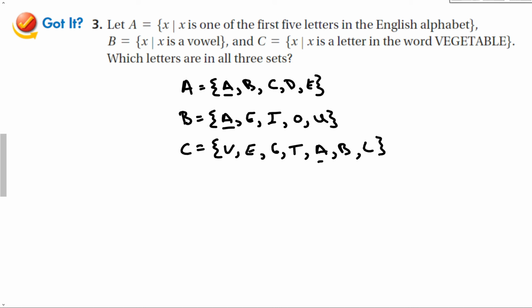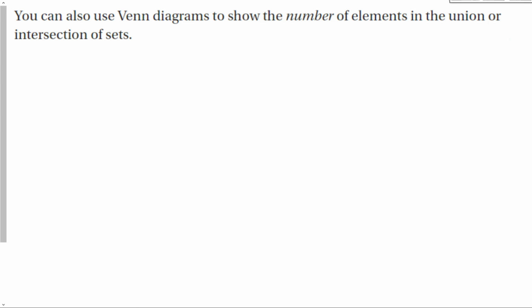All of them have an A. And all of them have an E. And I believe that's it, right? No C in this one, no D in this one, no G, no T, those aren't vowels. L, that's not a vowel. All right, so it's just A and E. Okay? And we could make a Venn diagram for that if we wanted to.